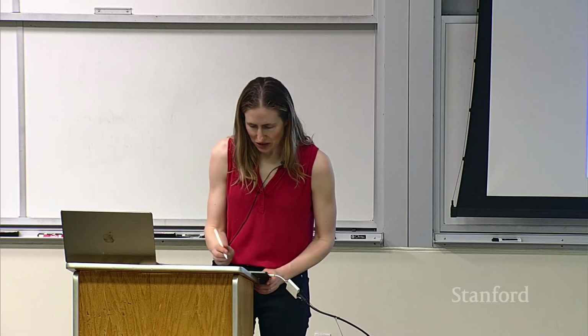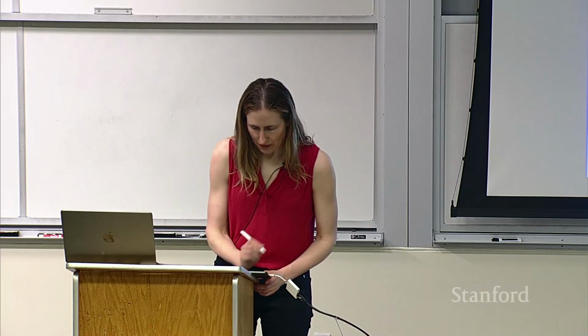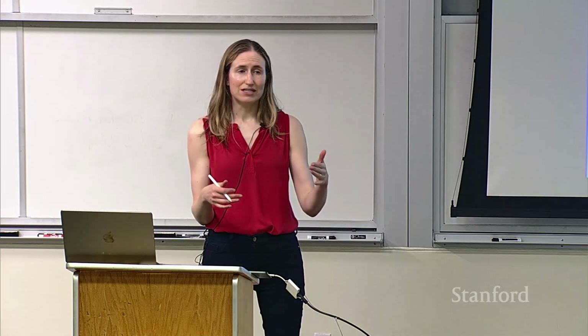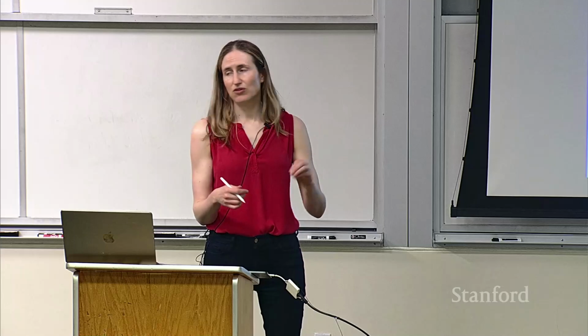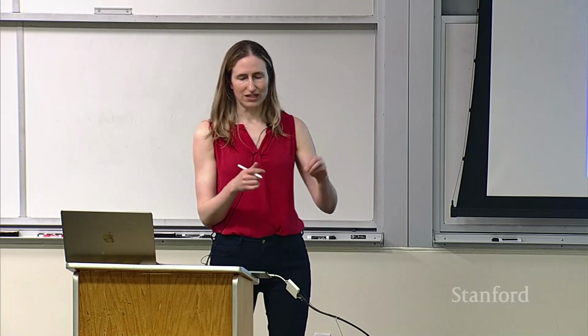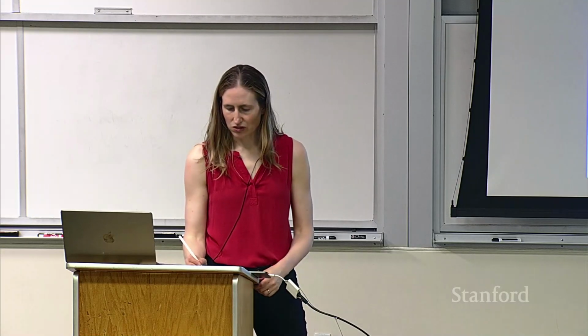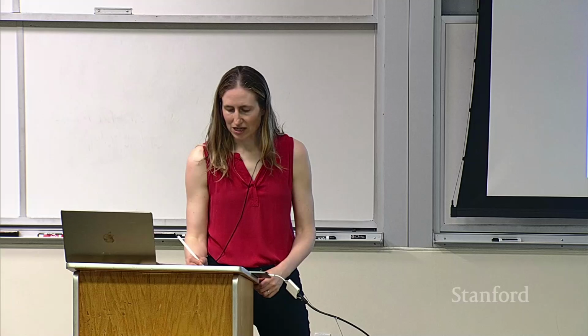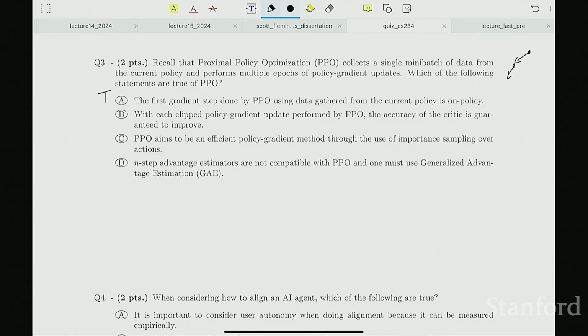So this is true, because if you've just gotten the data and then you're doing a policy gradient step on that, that part is considered on policy. After that, you're trying to take a further step. So if we had a one-dimensional policy, your first step is going to be on policy, and then any further steps you take are going to be off policy, using data that you collected from the previous round. I know that was often a good thing to make sure to refresh.